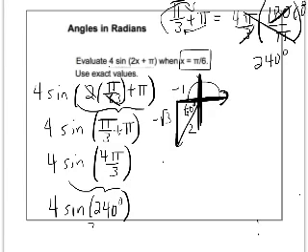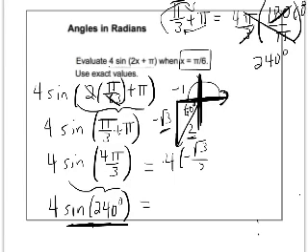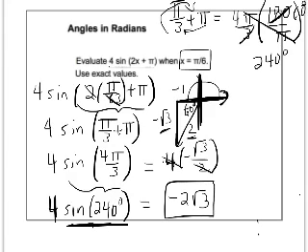So if I ask you to find the sine of 240, well, you're going to go opposite over hypotenuse, which is going to give you negative square root of 3 over 2. Remember, you're going to go back and multiply it by this 4, so that's where that came from. 2 goes into 4 twice, so your answer is negative 2 times the square root of 3. Okay, that's your last slide. So see how you do.